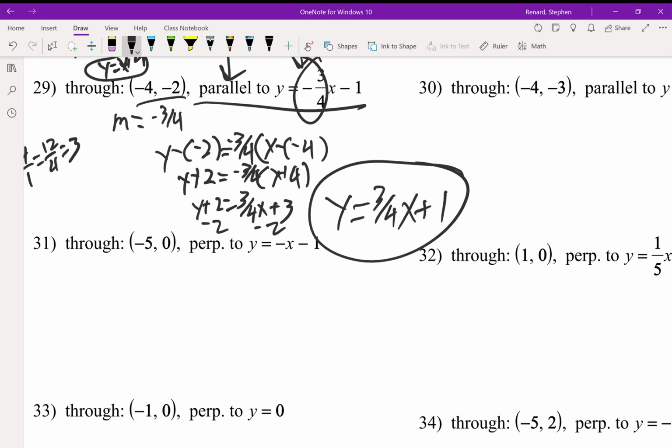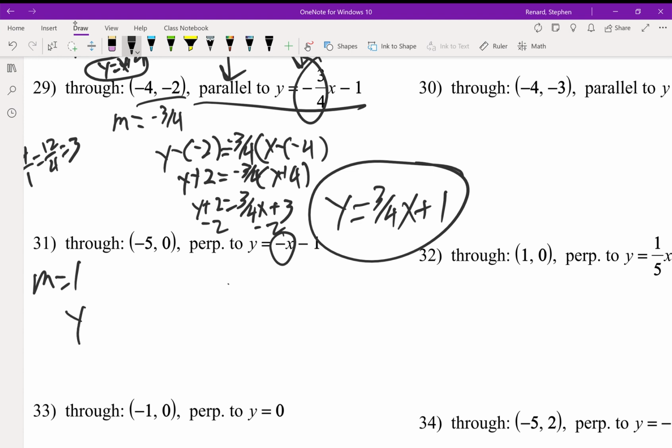Okay, 31, kind of the same general idea, except 31, it's perpendicular. So we know that this line that they give us has a slope of negative 1. To be perpendicular, we need to flip that upside down and change the sign. Easy for us, because that's 1 over 1, which is 1.